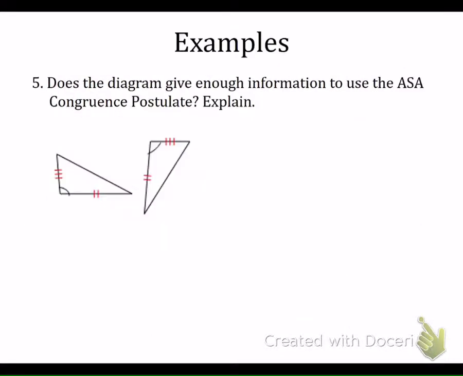Number 5 says, does the diagram give enough information to use the angle side angle congruence postulate? Yes or no, what would this one be? Side angle. You're close, but there's no bad words in geometry. Oh. Side, angle, side. Good.